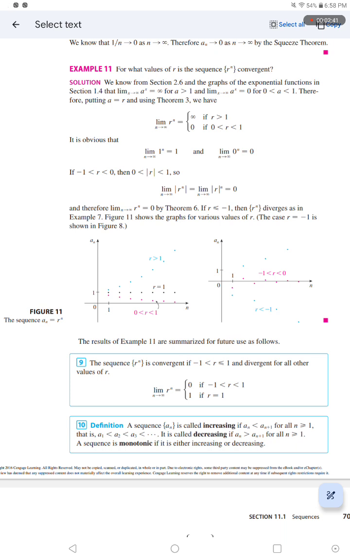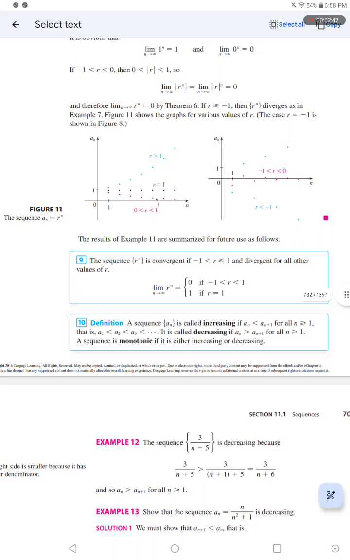The results of Example 11 are summarized for future use as follows. 9. The sequence {r^n} is convergent if r is greater than negative 1 and less than or equal to 1, and divergent for all other values of r.